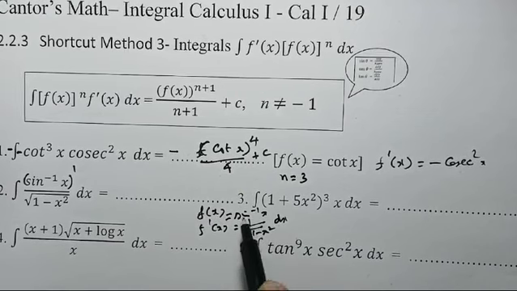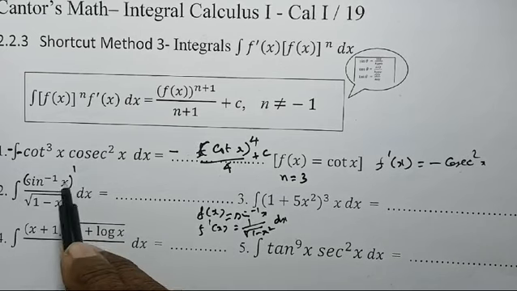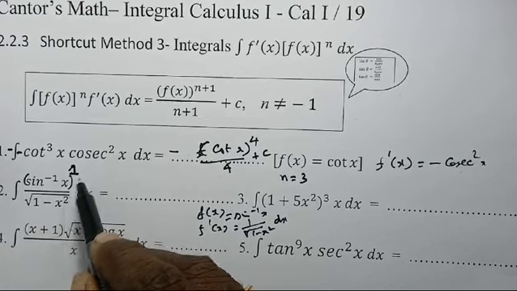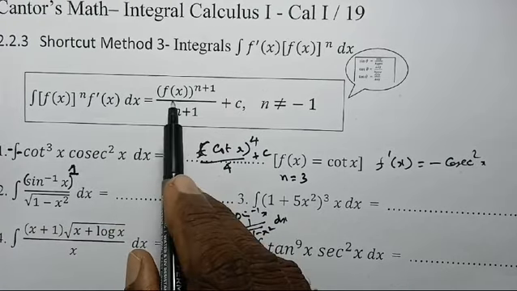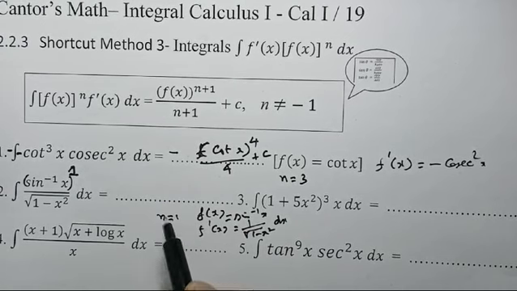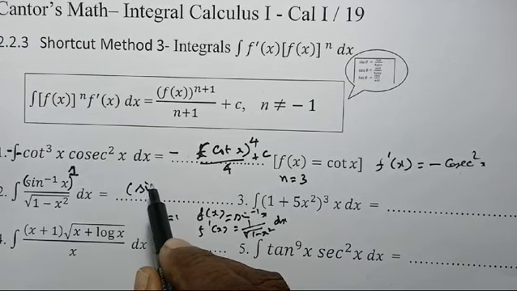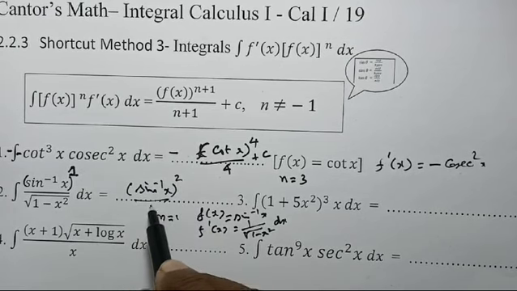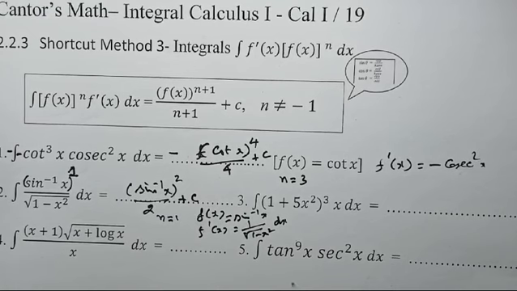Therefore, f of x power 1 into f dash of x dx. The formula is f of x whole power n plus 1, here n equals 1. Therefore, sin inverse x whole power 1 plus 1 is 2, by 2, plus c. This is the answer.